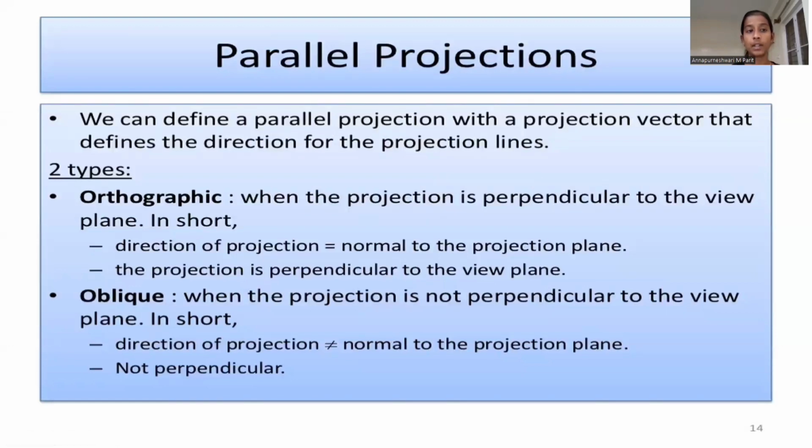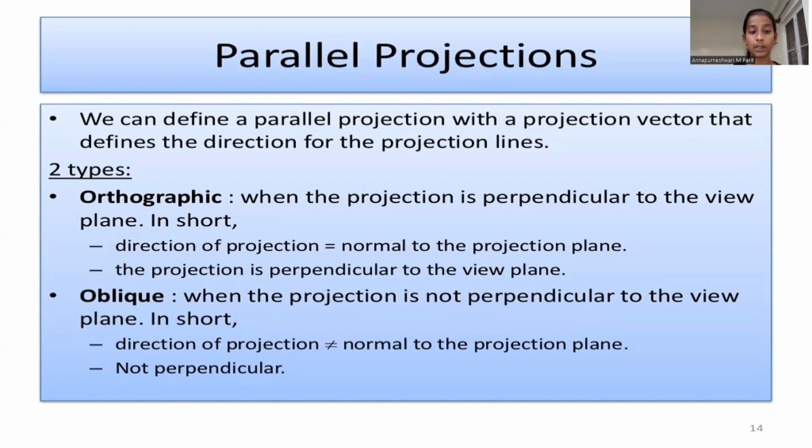So the next type of projection is parallel projection. We can define a parallel projection with a projection vector that defines the direction of the projection lines. There are two basic types of parallel projection: orthographic and oblique. In the orthographic projection, the direction of projection is equal to the normal to the projection plane.